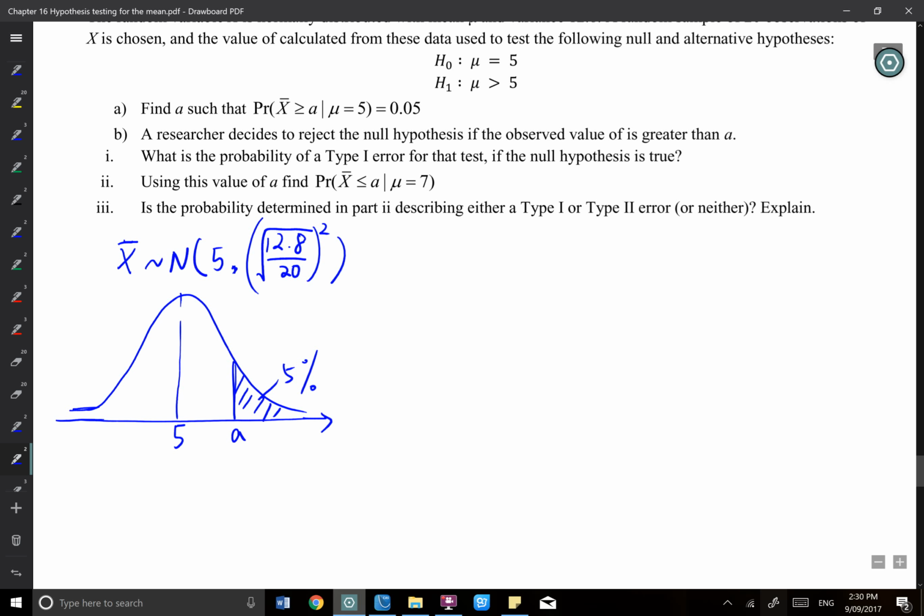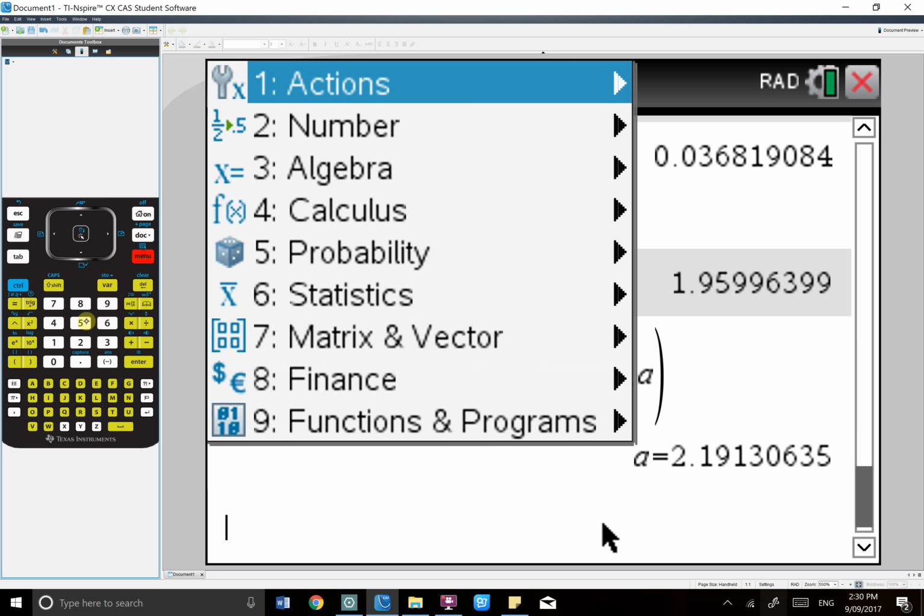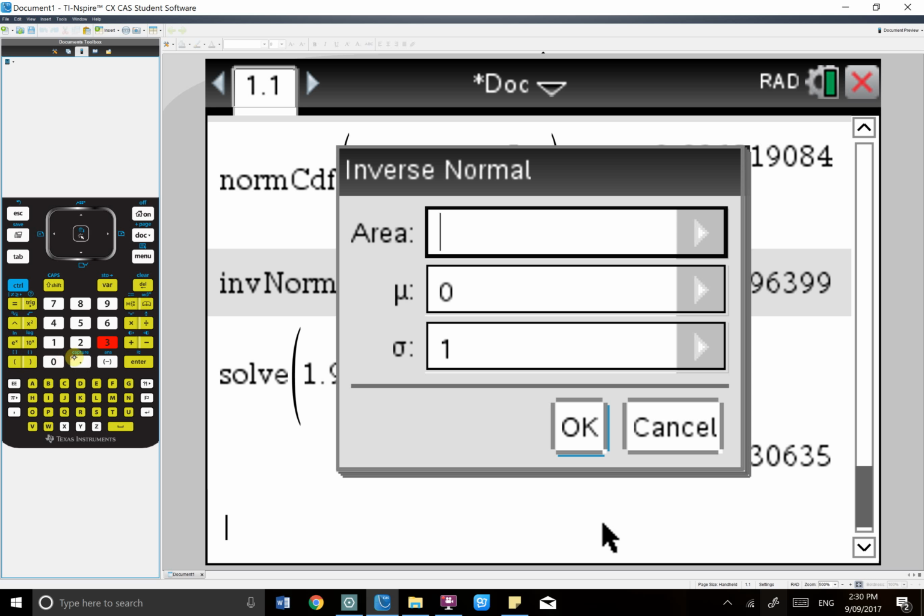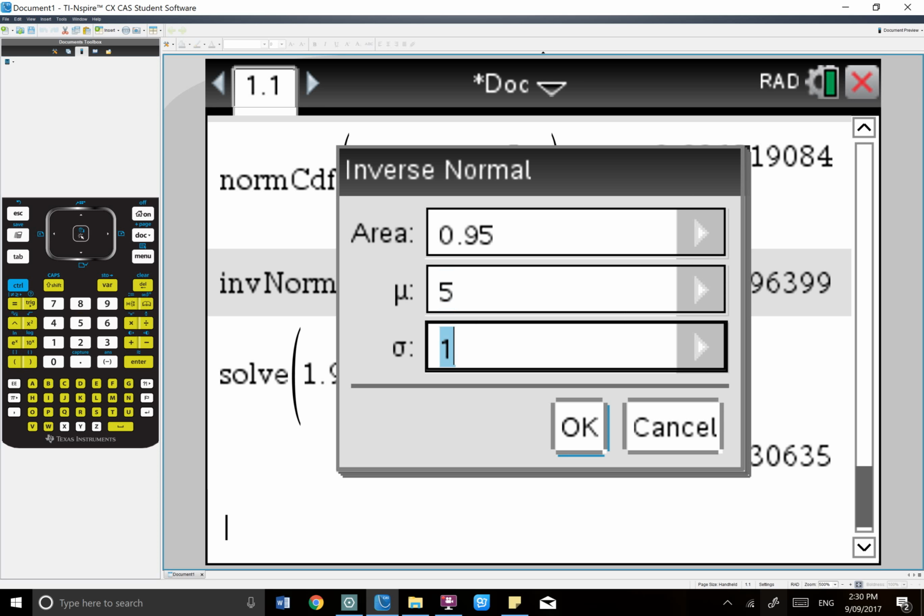So I'll use inverse normal: 0.95, mu is 5, standard deviation is the square root of 12.8 divided by 20, all under the square root.